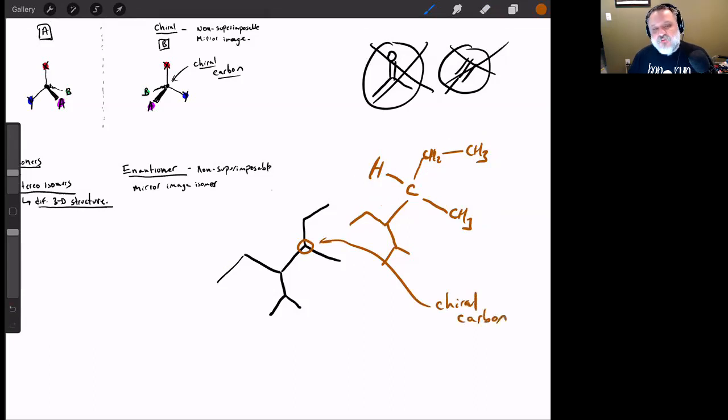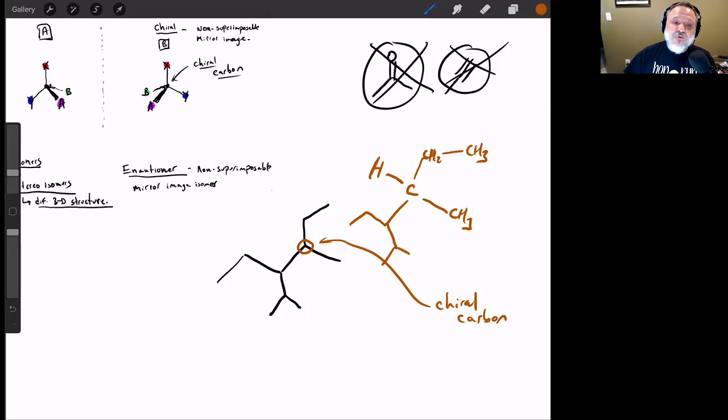So that means it actually exists as 2 different enantiomers. There are 2 different enantiomers representing the 2 different possible 3-dimensional arrangements of that particular carbon. Now, that is not shown in this molecule.